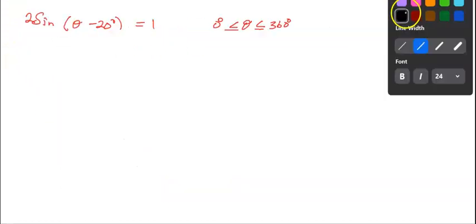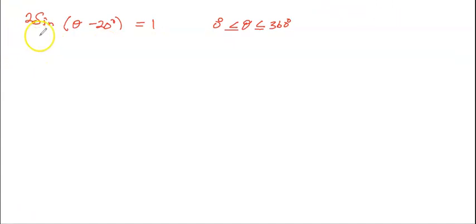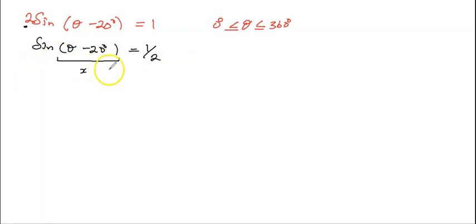Let us try one more question here. In this scenario, we cannot take the sine inverse when sine is not the subject of the equation. So these two here are interfering with the sine being the subject of the equation. So we move 2 to the other side. So we have sine of theta minus 20 is equal to 1/2. That means all of this is like the x that we're looking for.